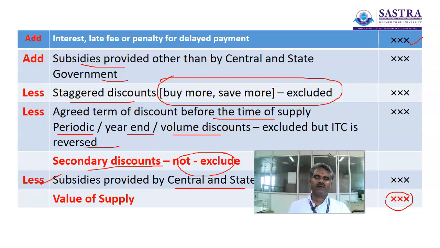And also you deduct some discounts: staggered discount except attractive festival discount, and agreed term of discount before the time of supply, periodic, but it should be in last. Secondary discount is not allowed for quick disposal and all. This is not allowed. This is what value of supply is.